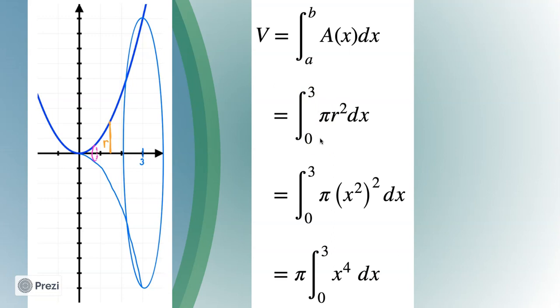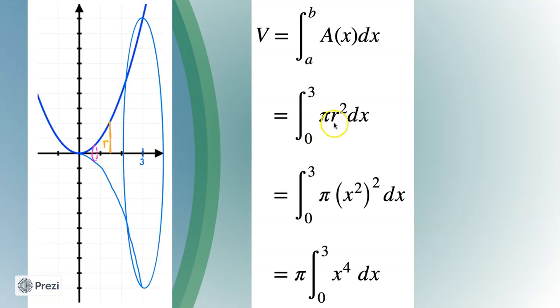Because these are disks, the formula for the area is pi r squared. The issue is r is not x, so we need to express r in terms of x. That's where our sketch helps again. The radius, as you can see, is actually exactly x squared. If I chose an x here at, let's say, 1.4, then the radius would be 1.4 squared.